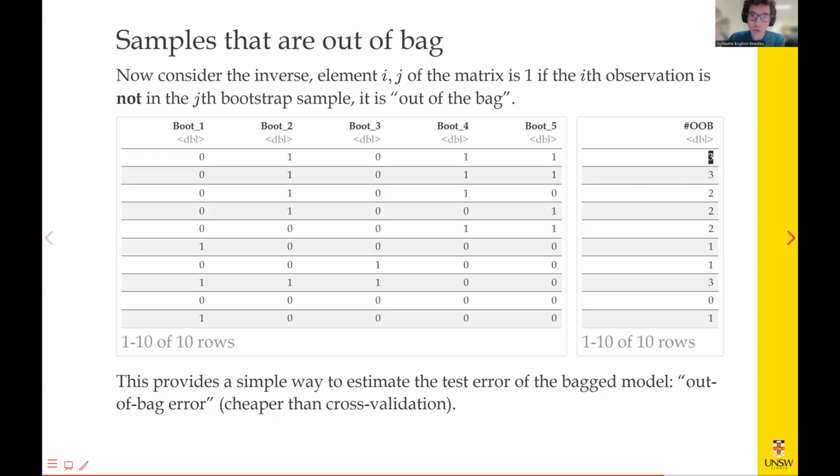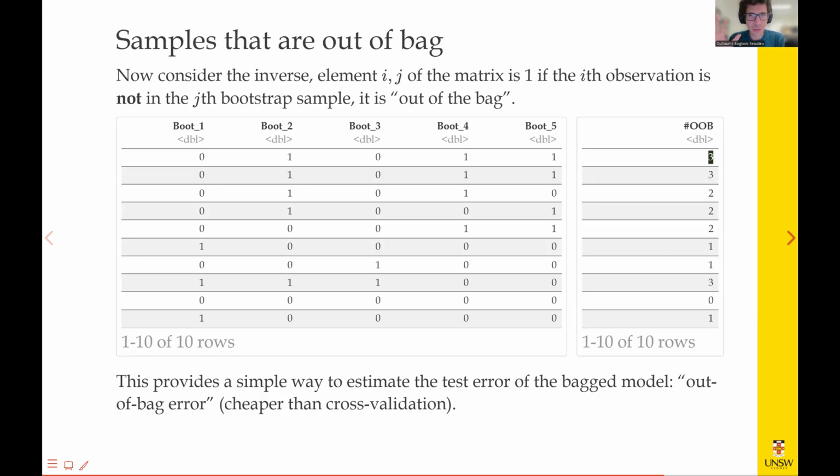Recall, the danger of overfitting is that the model can follow too closely the points it's using in the training process, and that results in overfitting. But for a point that is out of the bag, the tree has never seen that point, so there's no trouble there. You can compute an estimate of the error that will not be biased, again, because that tree has not seen that observation.